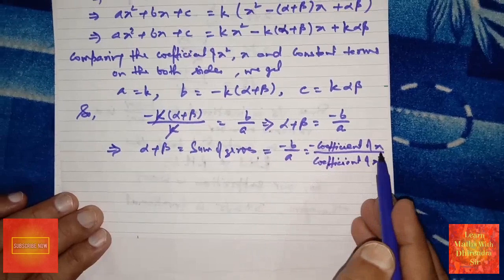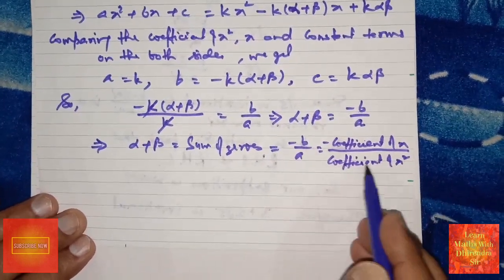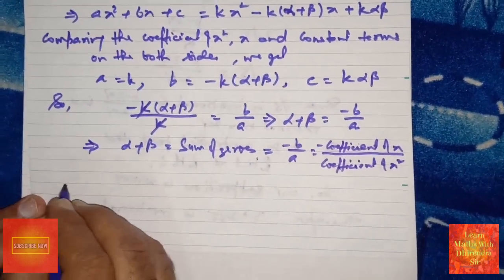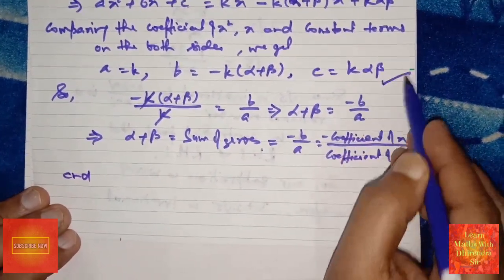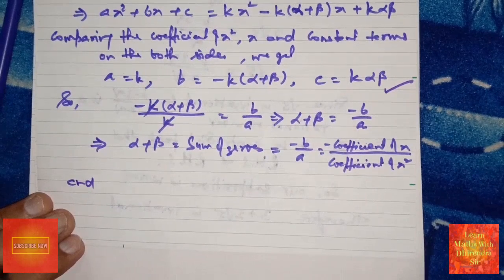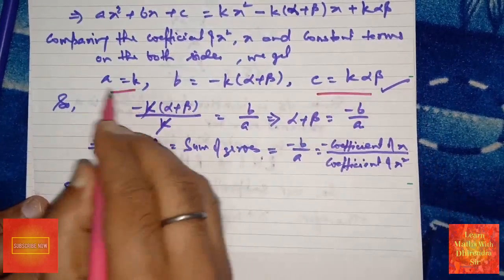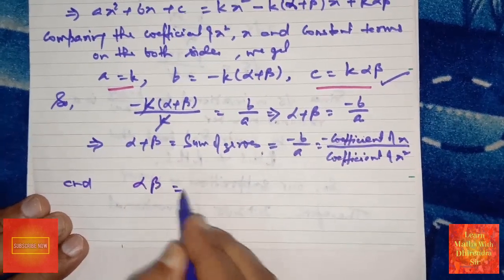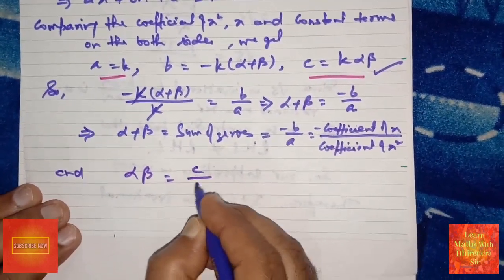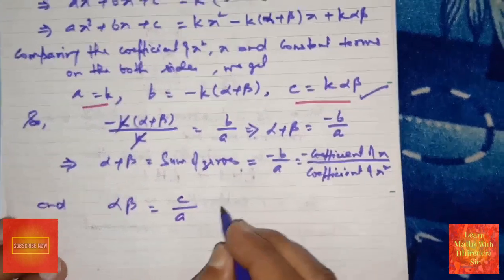Similarly, from this step you got c and a. Then alpha into beta equal to c upon a, because k and k cancel out.